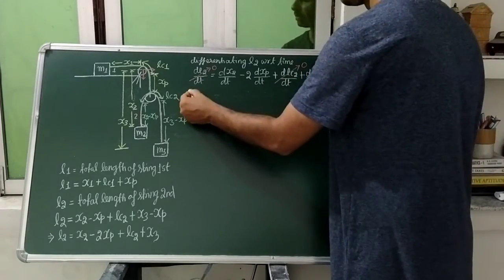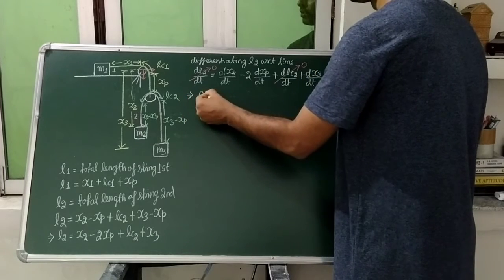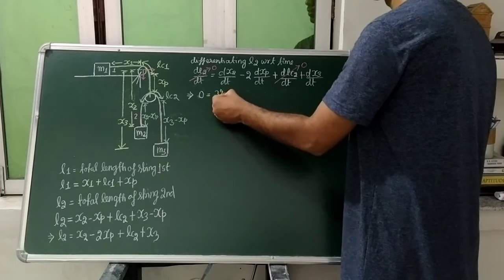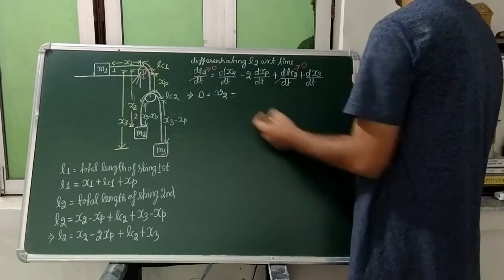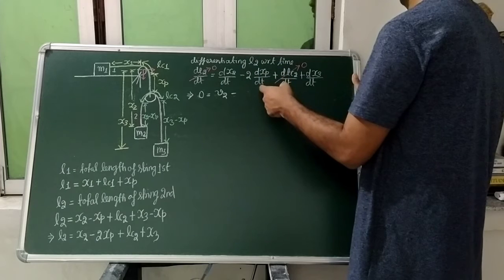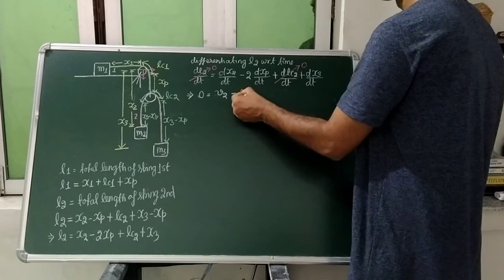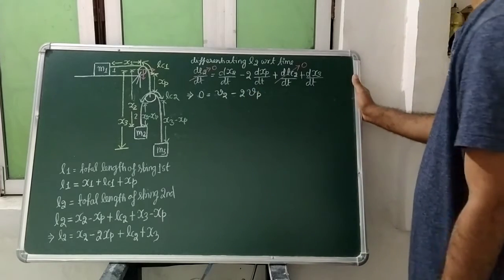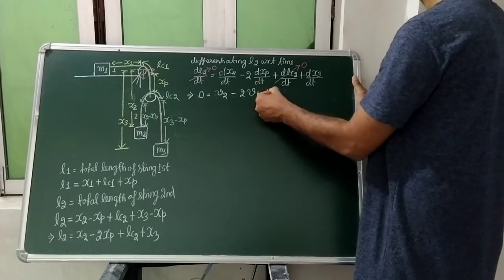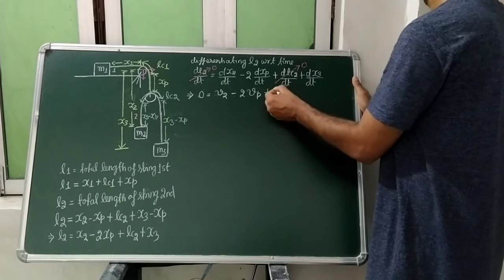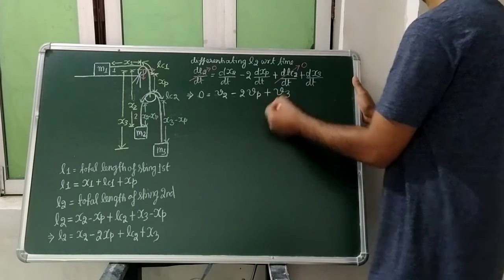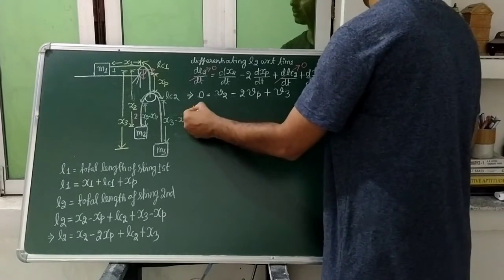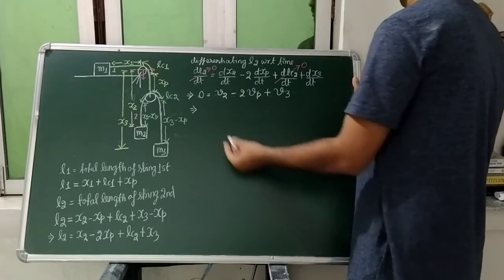So from here you can write 0 is equal to dx2 upon dt, which will represent v2, minus twice the velocity vp, plus this v3. So from here, what can we do?